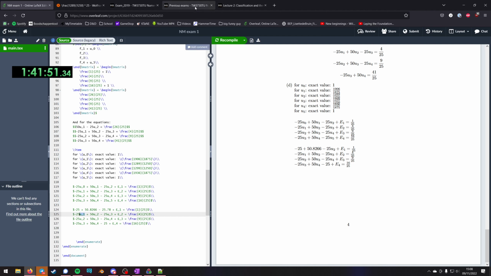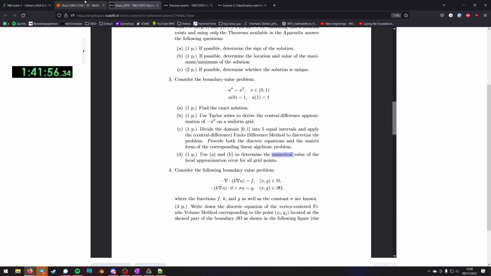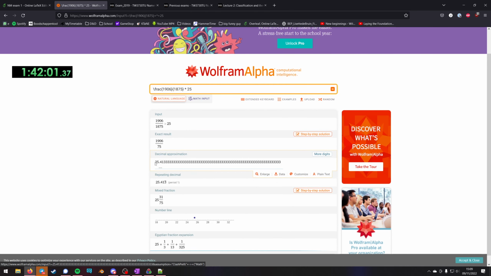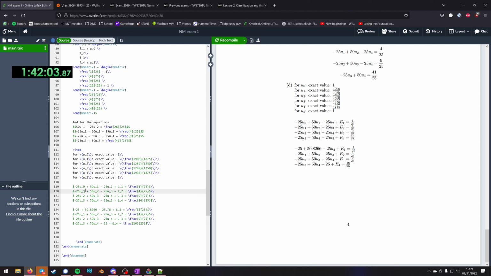25 u1 is this, 25.413. U2 is 51.56, and 25 u3.